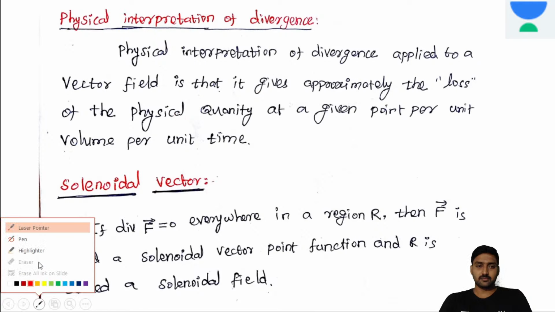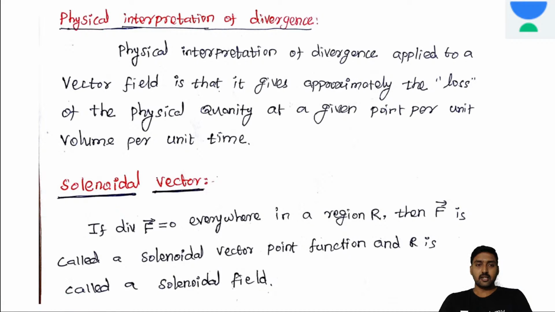Right? Then the solenoid vector: whenever the divergence of the vector field is equal to 0 everywhere in the region R, then the given vector f is called a solenoid vector.